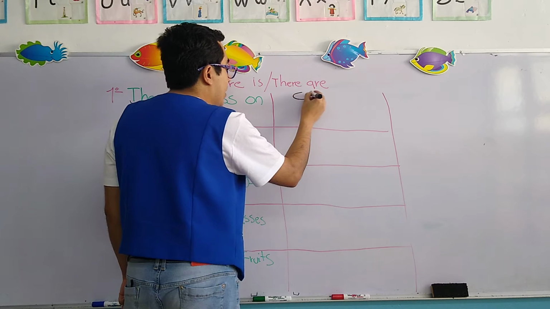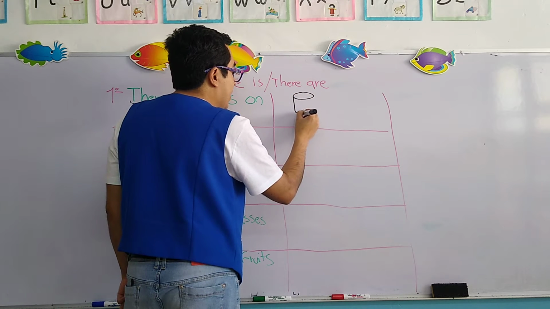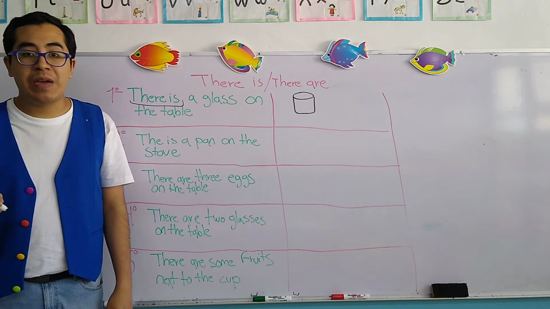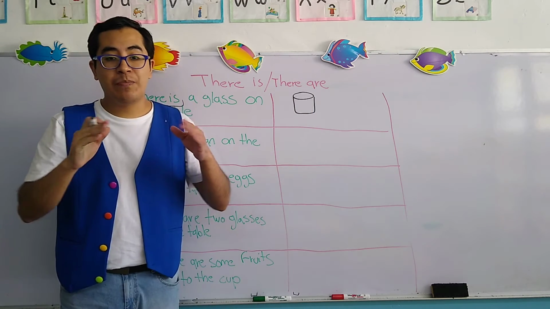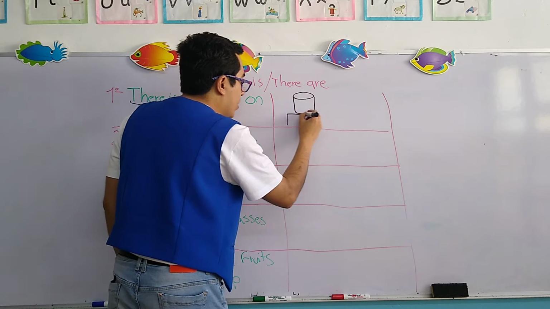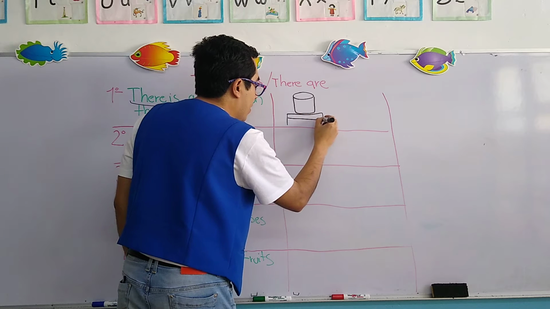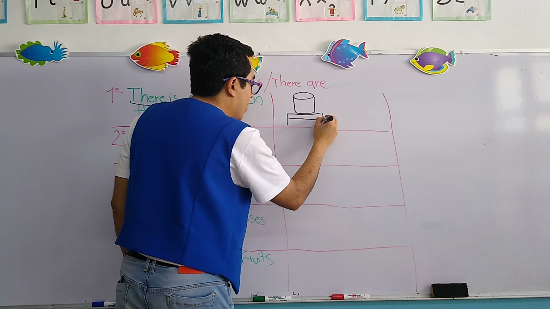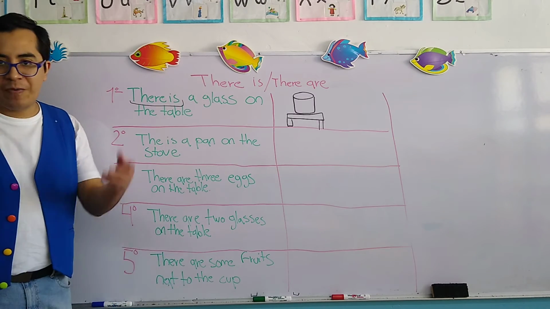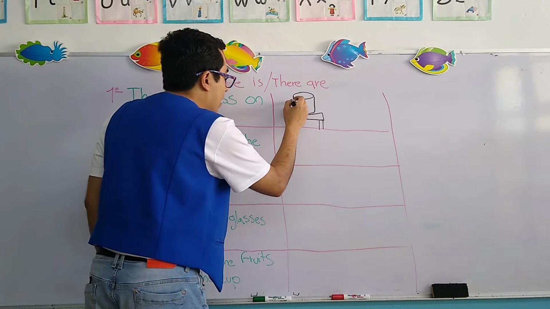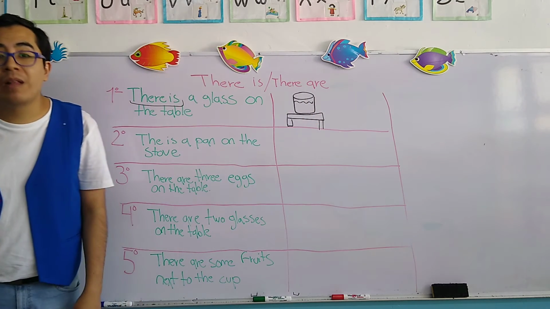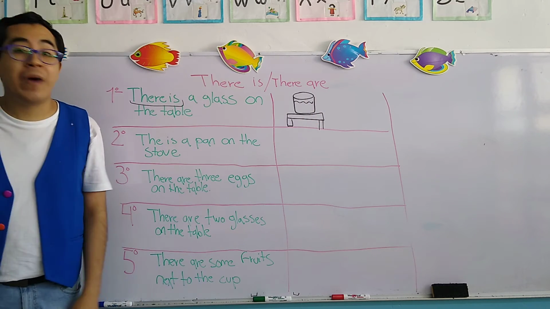Remember, the glass is like a cylinder, okay? So, this glass appears on, arriba, on the table. And remember, the table looks like a rectangle. That's it. Now, if you want to put some liquid here, it could be orange juice, or milk, or soda, or water.